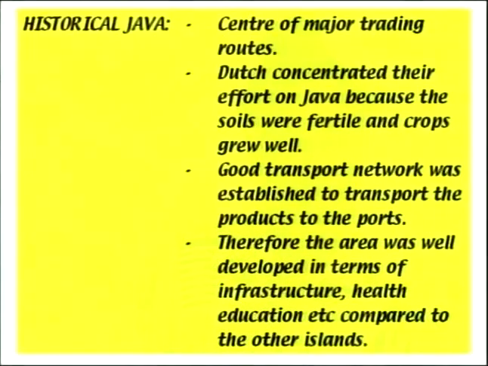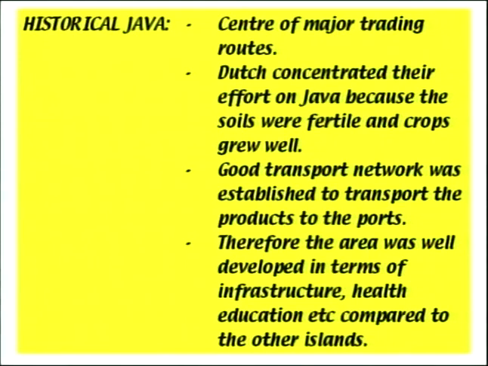One of the reasons why they were so interested in Java was that they found that the soil on that island was very fertile. And because the soil was fertile, they were able to grow crops, and the crops were successful. Therefore, whatever crops they obtained from that island, they sent back to their own country.